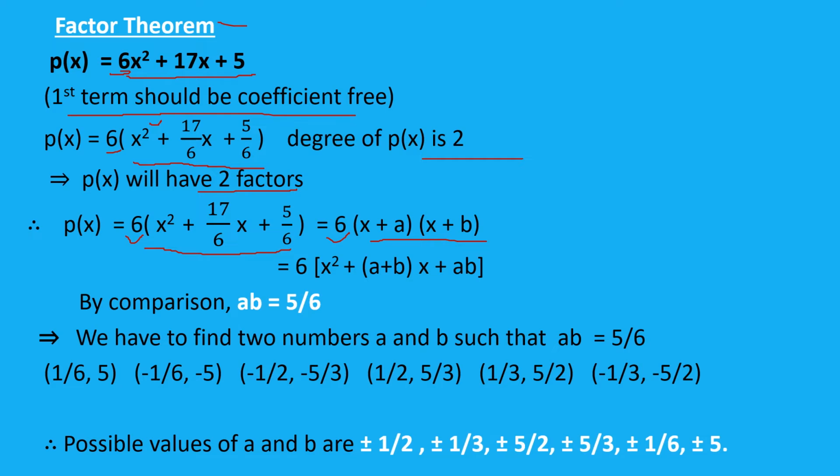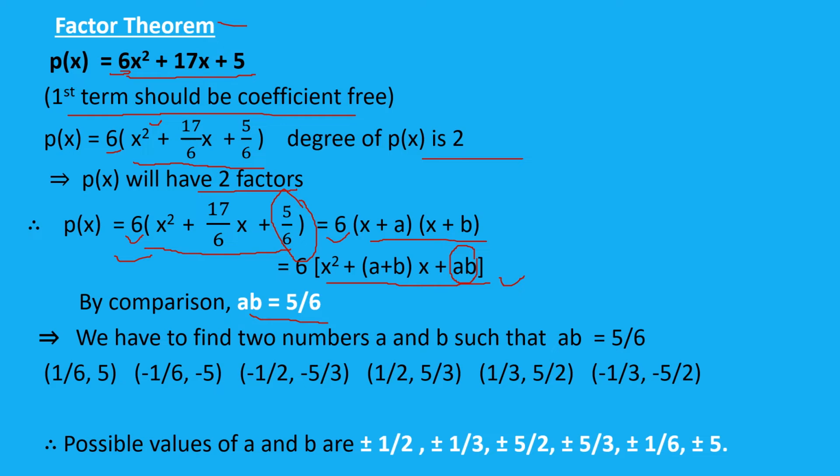Right? Now if we multiply these 2 factors, we get x² + (a + b)x + ab. Now you compare the left hand side with the right hand side. So you will get the value of ab as 5/6. So ab = 5/6.